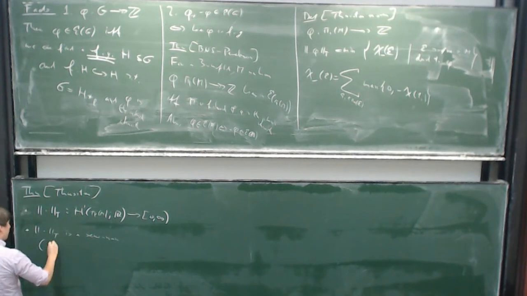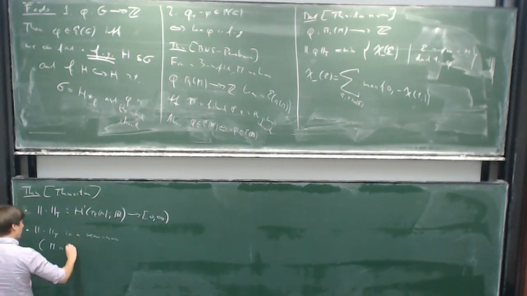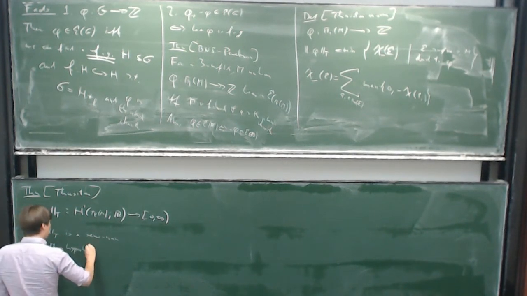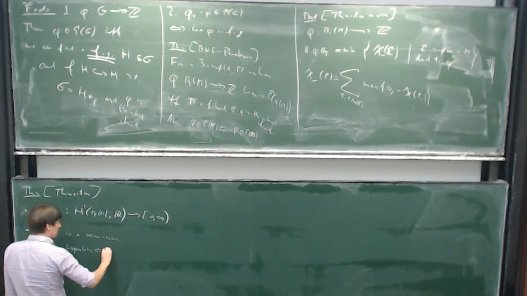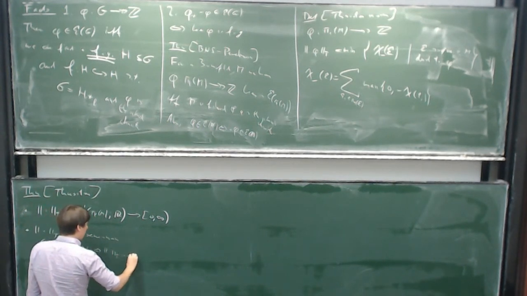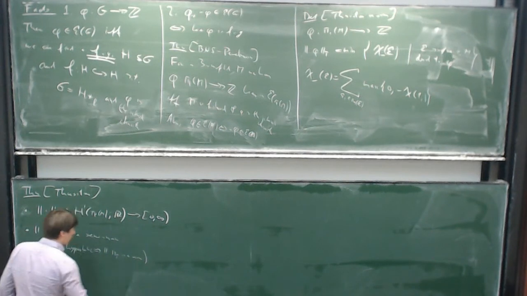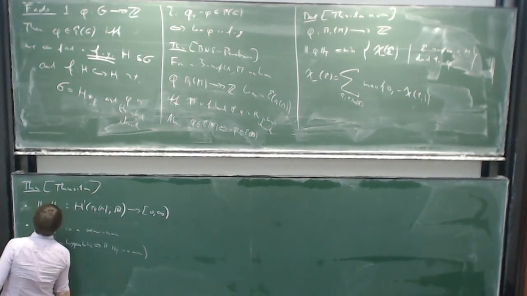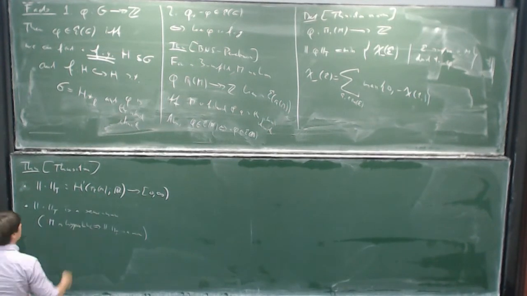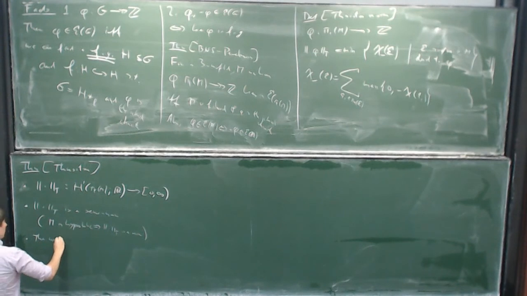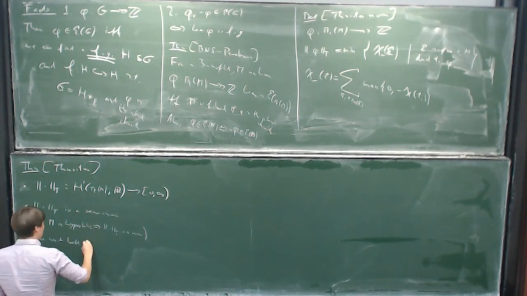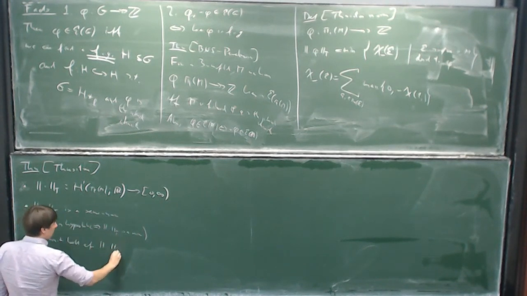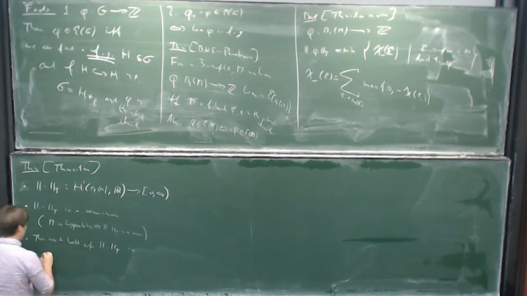Moreover, if M is hyperbolic, then this is actually a norm. Now, the unit ball. If you have a norm on a vector space, you can look at the unit ball. The unit ball of this norm is a finite-sided polytope.